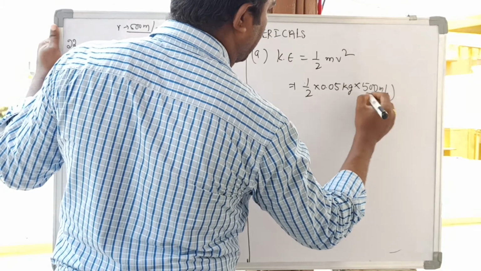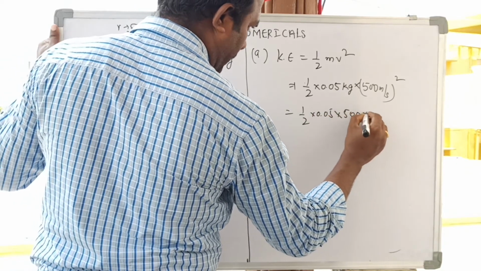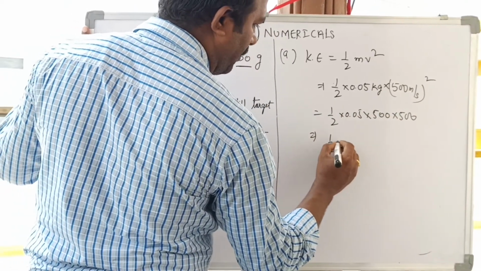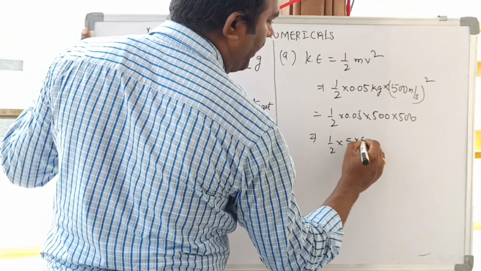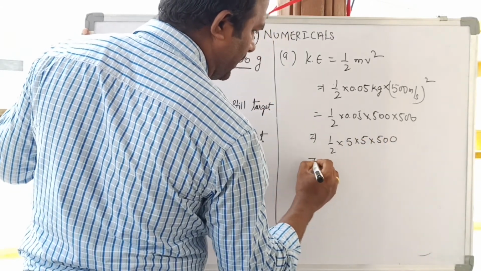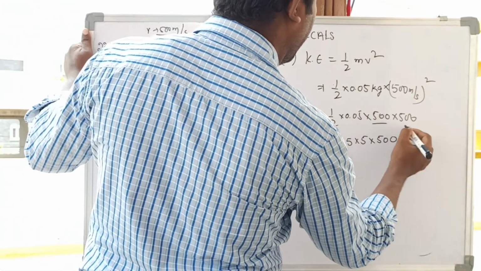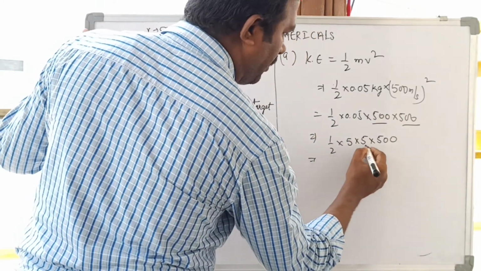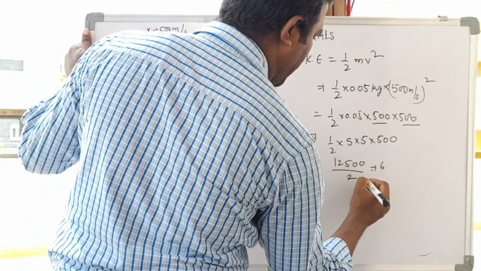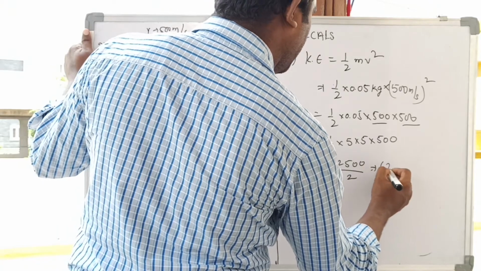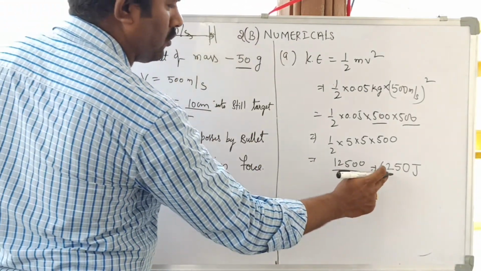So it is half into 0.05 into 500 square, which we can write as half into 5 into 5 into 500 into 500. 5 fives are 25, 25 fives are 125, and dividing by 2 we get the answer. So the kinetic energy possessed by the bullet is 6250 joules.